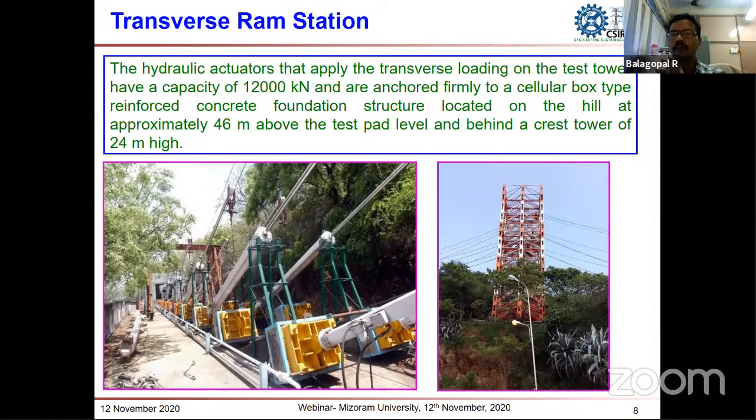Suppose I have around 10 load points on a particular tower. We take care of the P delta effect: until all the load points reach the desired load, the tower will deform, and the system accounts for that. That is one of the unique facilities in our testing station.